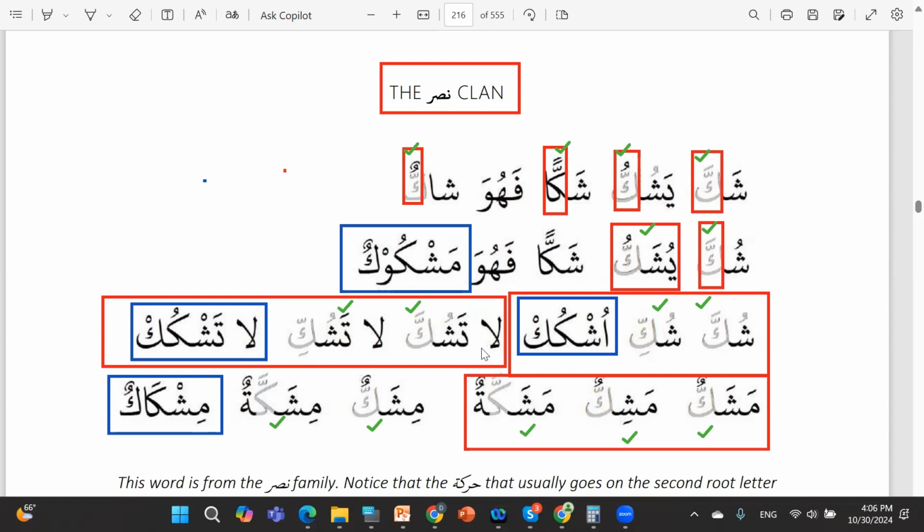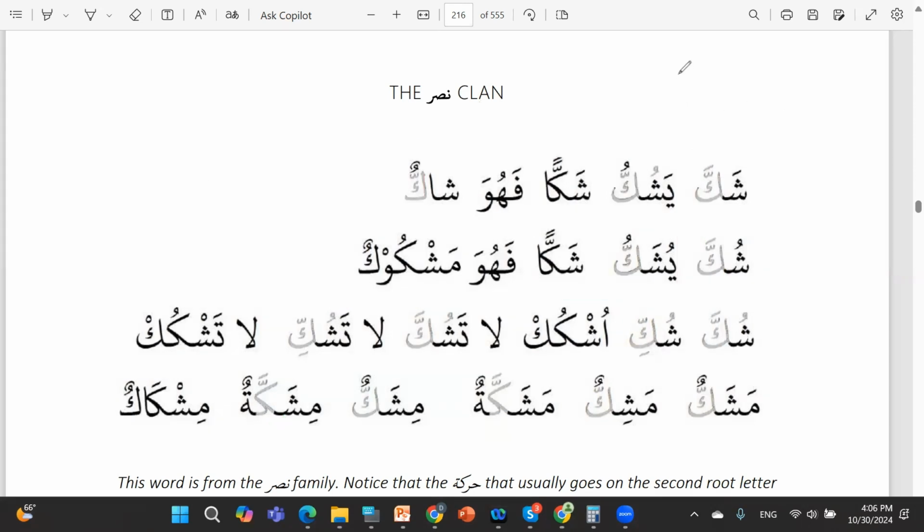And the third rule was about past tense, falla. Okay, falla, shakka. Fourth rule was about present tense, where this haraka on second root letter is transferred to the first root letter. Let me show it how. It is nasara yansuru.